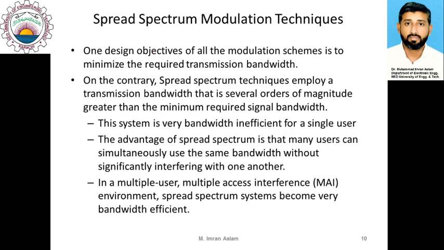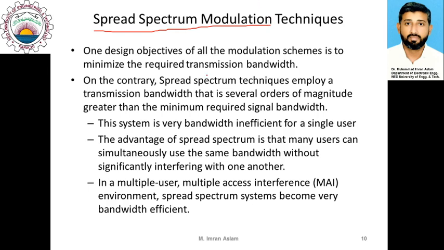Okay, now we move on to a new type of scheme, which is named spread spectrum modulation techniques. For the linear and non-linear modulation techniques that we discussed so far, there was a common property: we were focusing on reducing the bandwidth of the signal. So we intended to have a modulation scheme which provides good efficiency with a smaller amount of bandwidth.